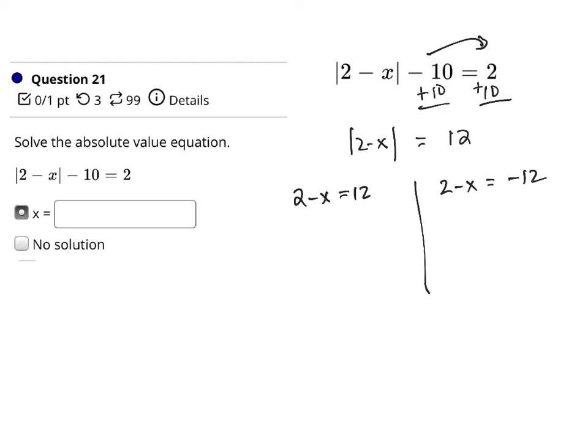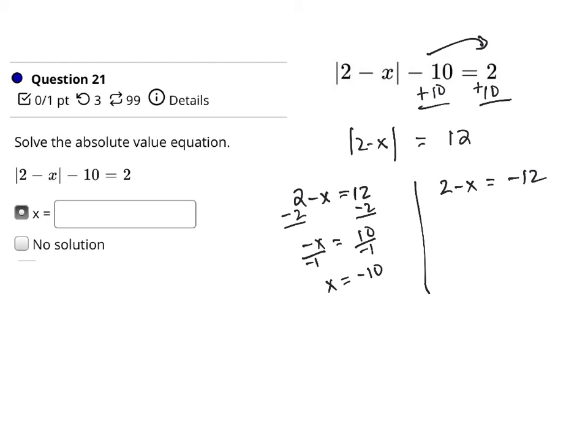And that's going to subtract 2 from both sides. You could move the x if you wanted to. I'm just going to be consistent. You're wanting to solve for positive x, so you have to divide by a -1 on both sides to get rid of that negative on our x. So that gives us a -10.